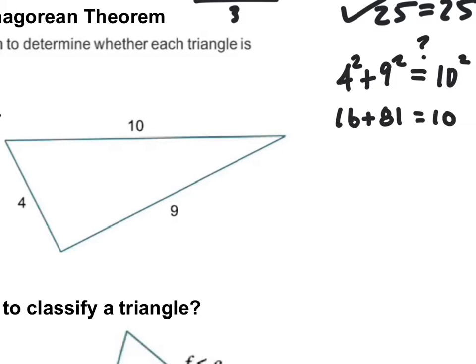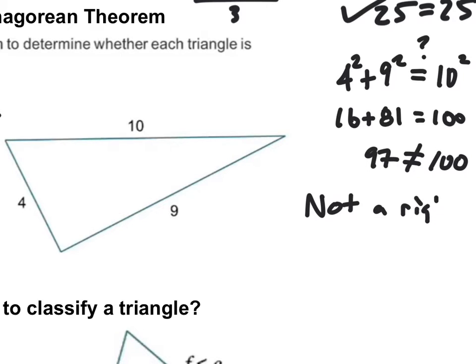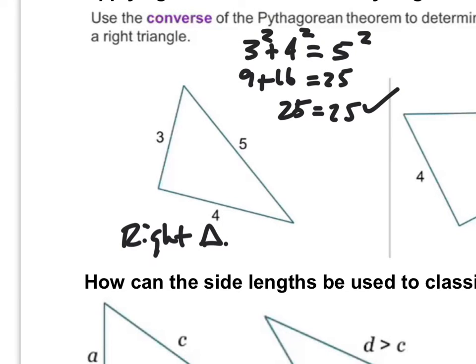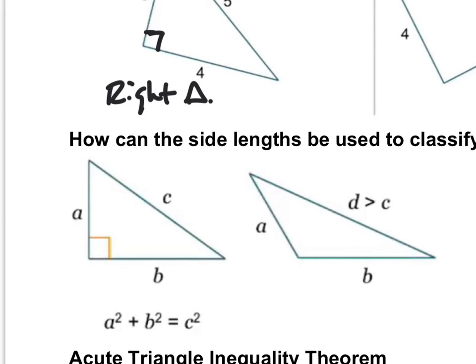Is that equal to 100? 16 plus 81 is actually 97, which is not equal to 100. So this is not a right triangle. You have to use the Pythagorean theorem to verify if it is a right triangle, and I can come over here and put a right angle in there to say it's a right triangle.